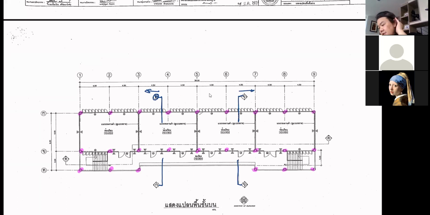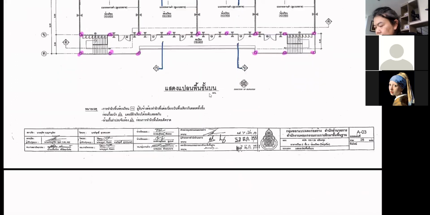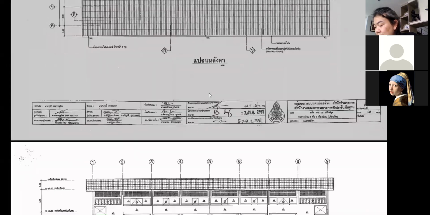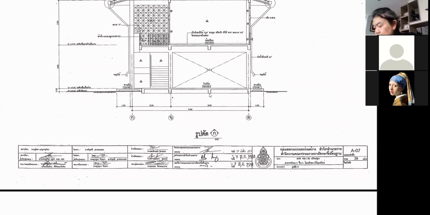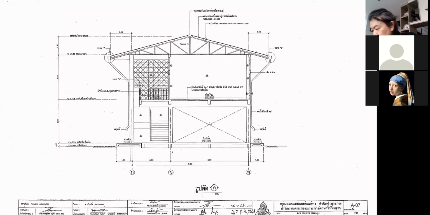Now the point is this. You see, there are no columns here, because it's a corridor and people don't like to have columns in the corridor, right? So no columns. But when you look at the cross-section, you don't see the cross-section at the corridor. Instead you see this truss, and you may think I may have the column to support the truss here.